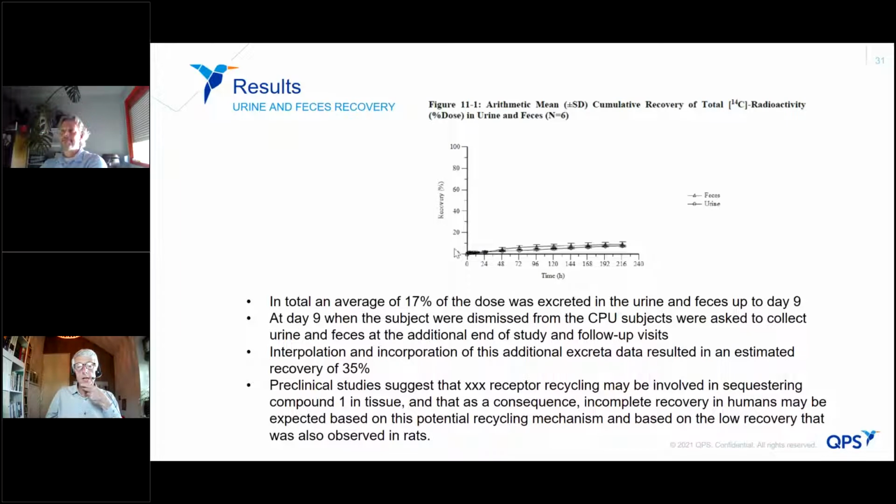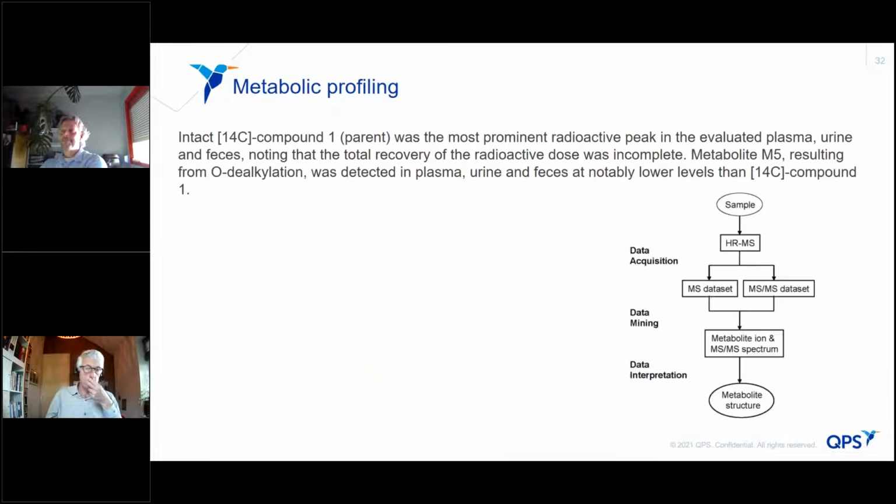After analyzing these samples, interpolation and incorporation of this additional excreta resulted in an estimated total recovery of 35%, which is actually pretty well in line with what was seen in preclinical data. The metabolite ID was in this case not really very specific, but we did do that, and we confirmed what the client was expecting.